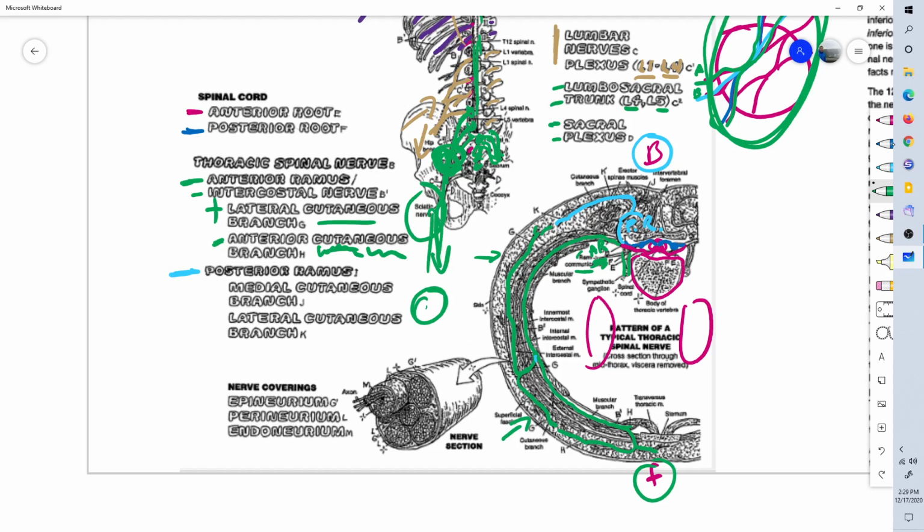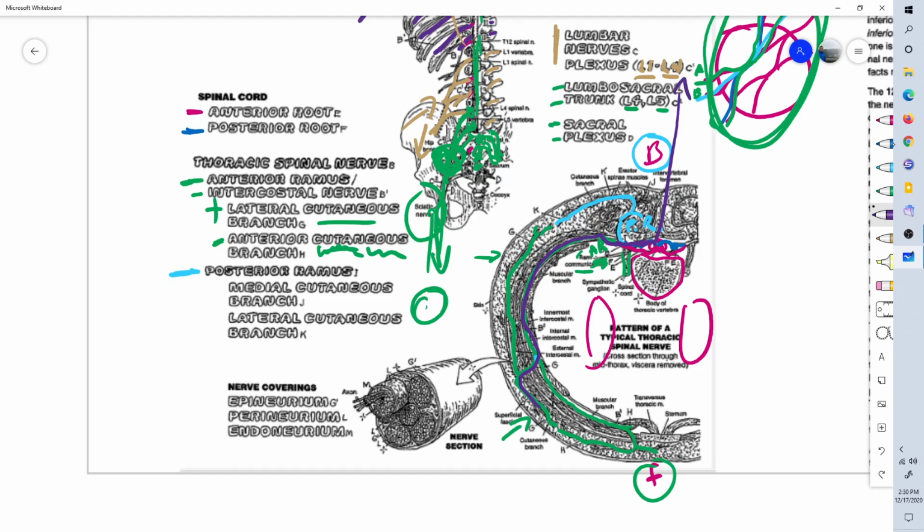That signal will come lightning fast in through the lateral cutaneous branch of the intercostal nerve, into the spinal nerve, to the dorsal root ganglion, to the dorsal horn of the spinal cord. And that sensation will be perceived by your brain, all the way up, and you'll say, ouch.